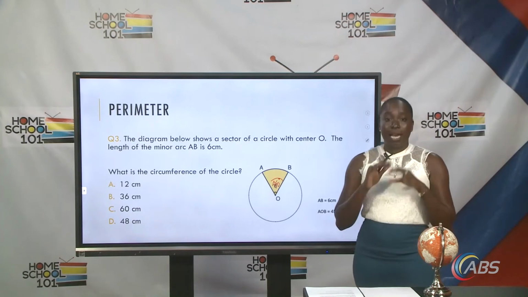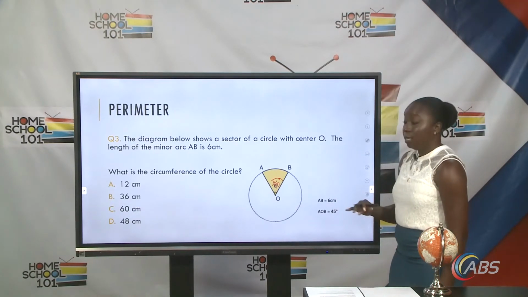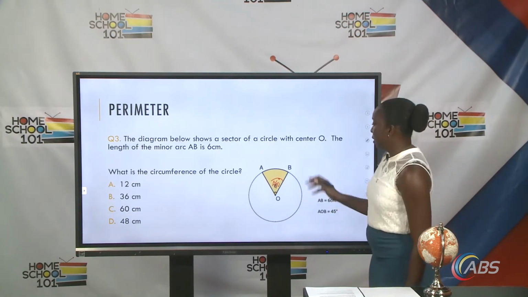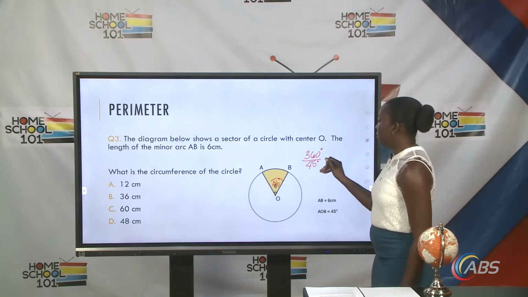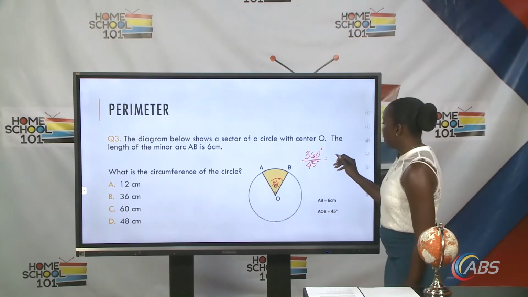Now we know that the angles in a circle add to 360 degrees, and so the only way to do this is to divide the 45 into 360. So 360 degrees divided by 45 degrees. How many 45s go into that? That is going to give us 8.